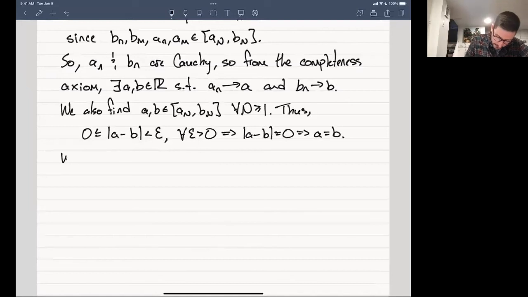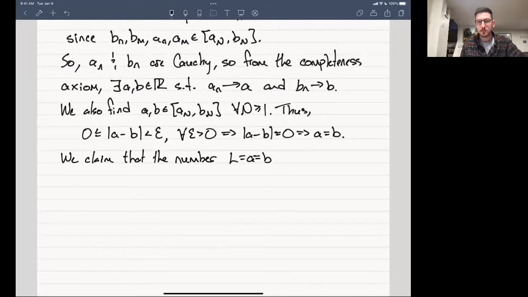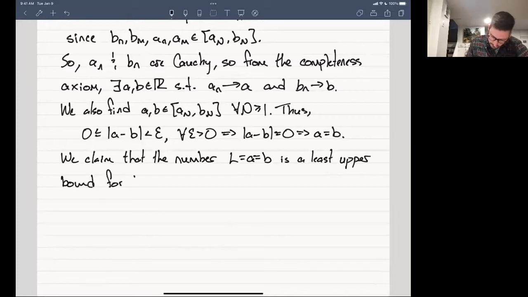So we claim that the number, right now it's a single number, I'll call it L for limit, which is equal to A and equal to B, is a least upper bound for S. Okay, so first note that AN is less than or equal to L, which is less than or equal to BN for all N greater than or equal to 1.